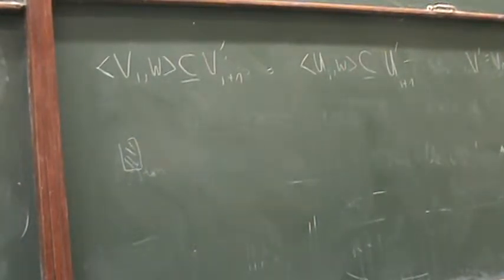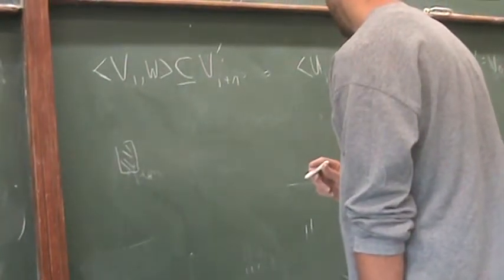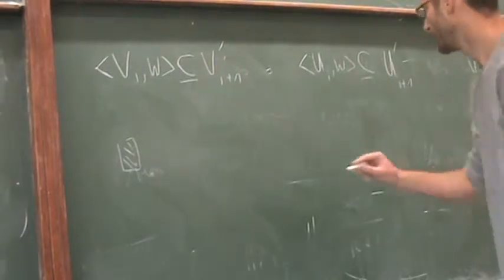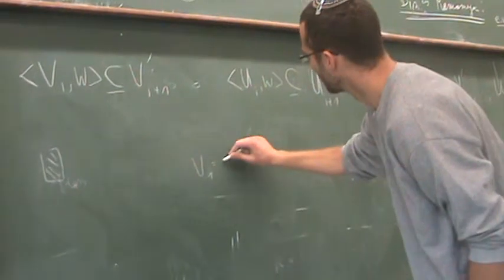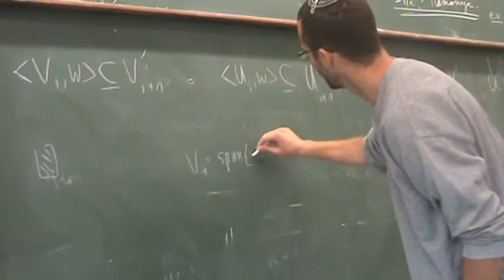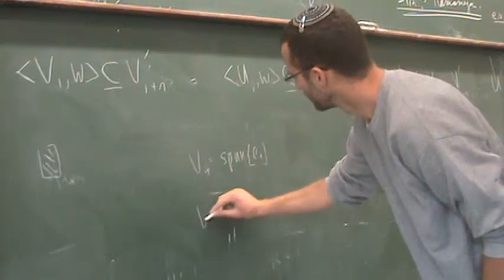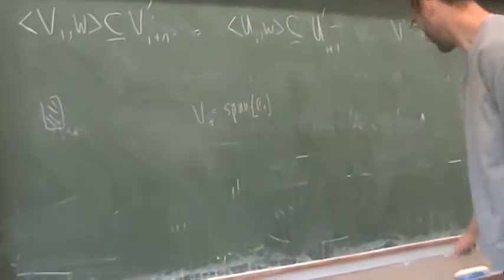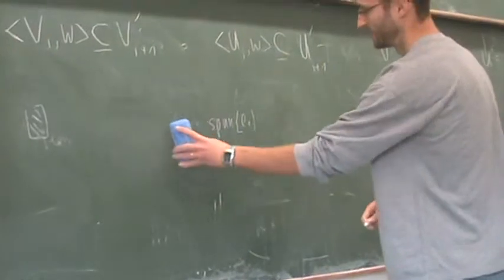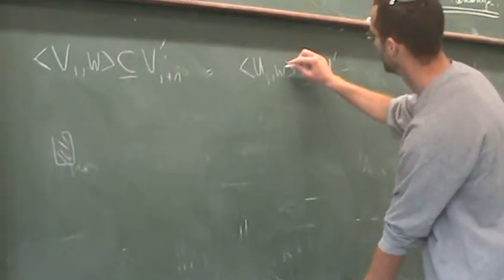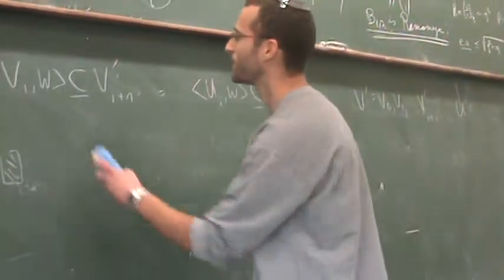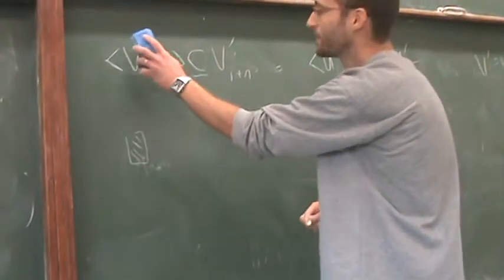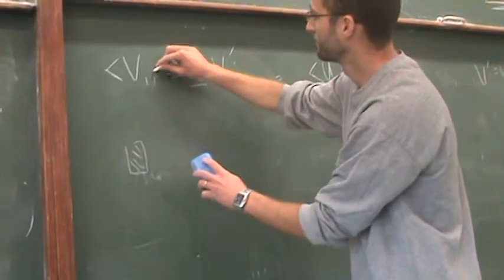Well, if you had, say, V_0 to V, let's say V_1 would be the span of some vector e_1. So W is a vector, right? Maybe give it a different name. It looks like a subspace. W is a vector, right? I don't know what different name I should give it. Alpha, say. Alpha, to stress this is a vector.